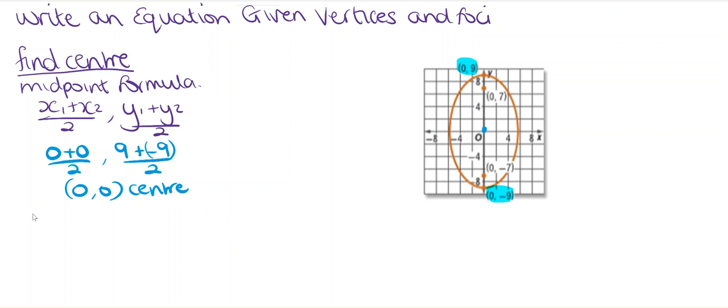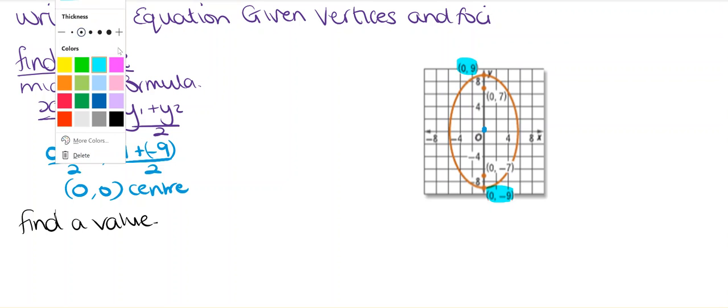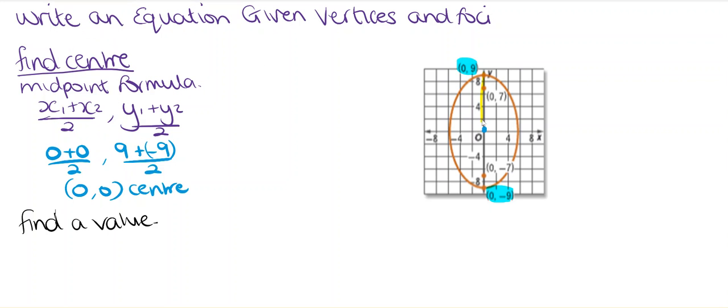Okay, so the next thing we need to do is find the A value. The A value is going to be the length. If we have a look at our axis here, this is going to be our major axis, and this is on the Y, so it's vertical.